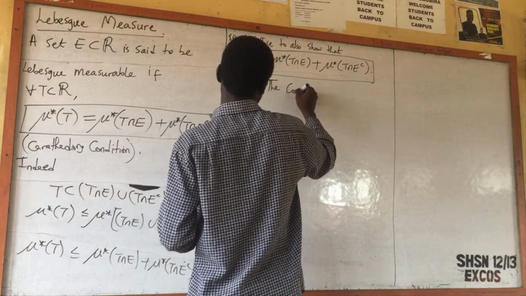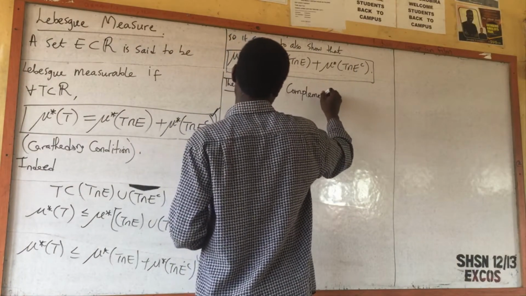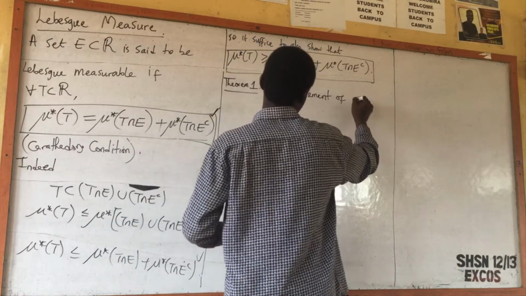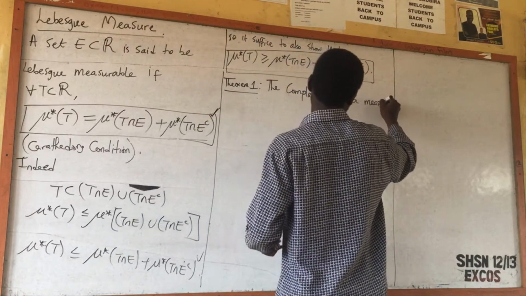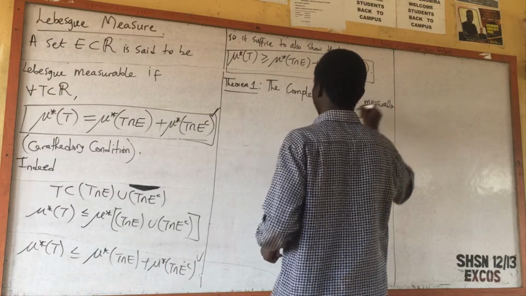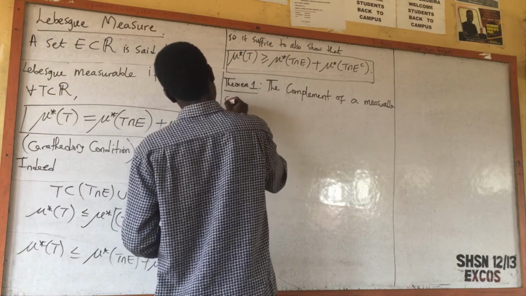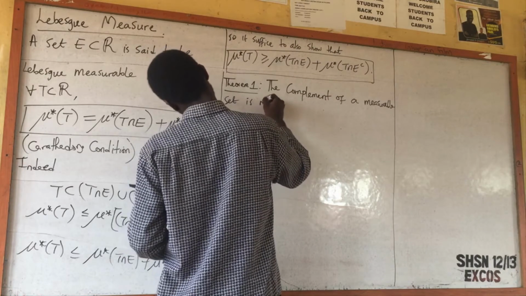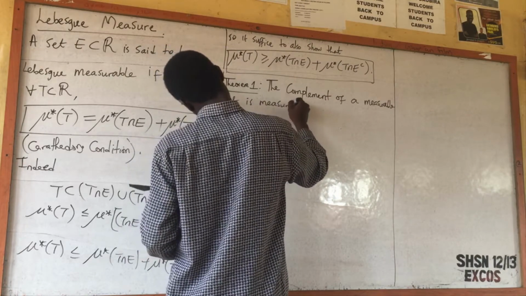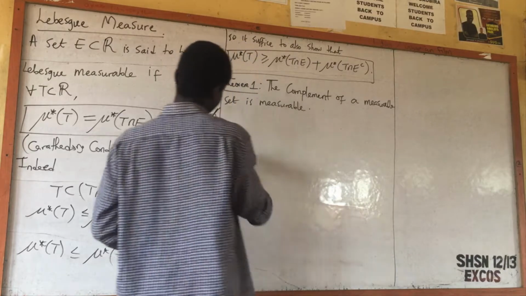The complement of a measurable set is measurable. Proof.